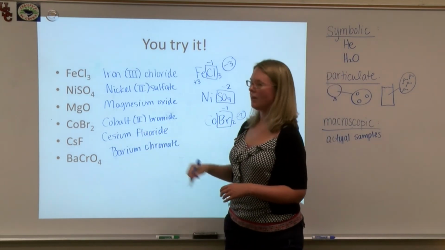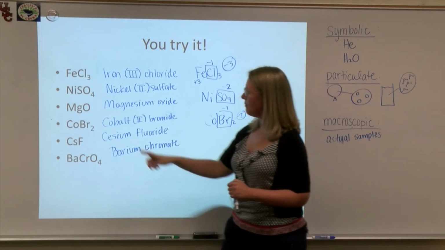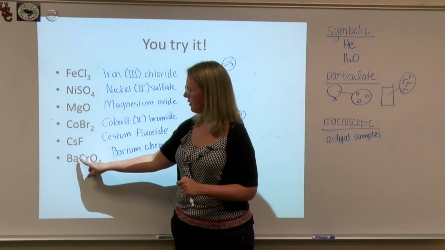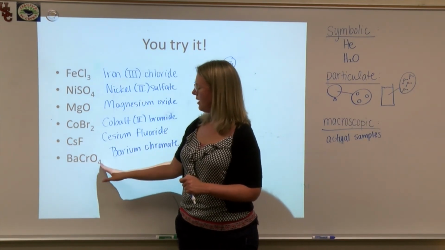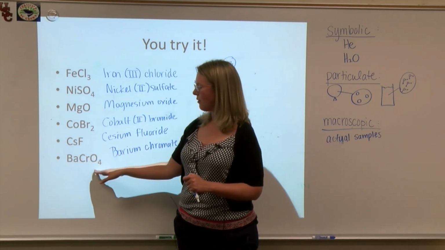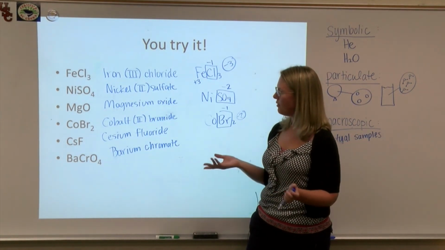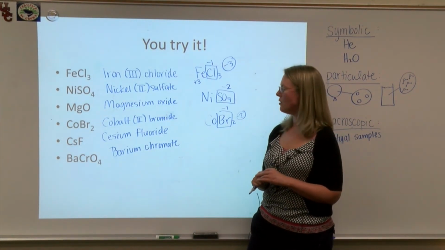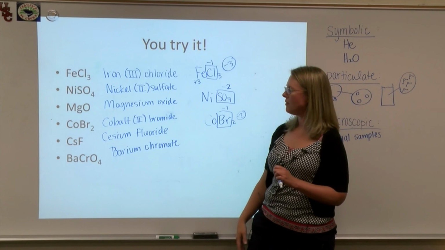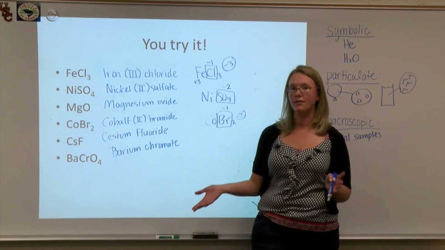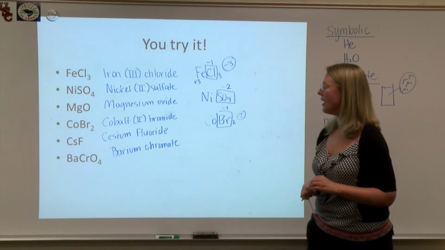So cobalt must be +2 there. Here we have another polyatomic ion. We know that because we see 3 different elements. This is chromate. Chromate has a -2 charge, barium +2. But we don't have to include that charge because barium is not a transition metal. So these are the names correctly given to you there. And so that is naming ionic substances.